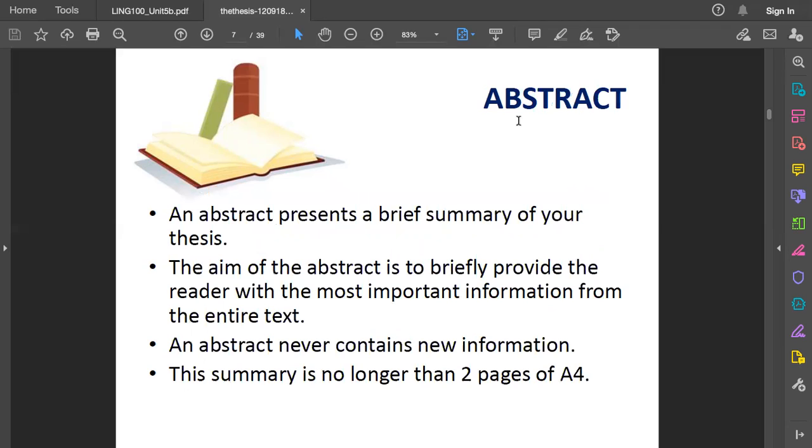Abstract. There's also an institutional format for the abstract, but most likely abstracts are written after the research is complete, because it's the summary and the highlights of all the parts of the paper.